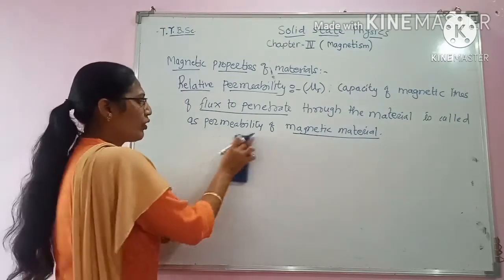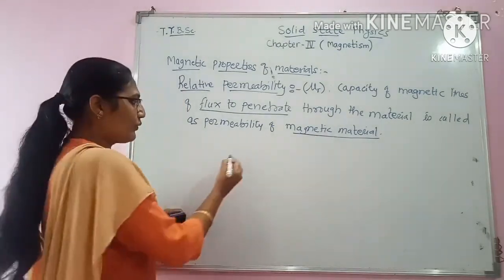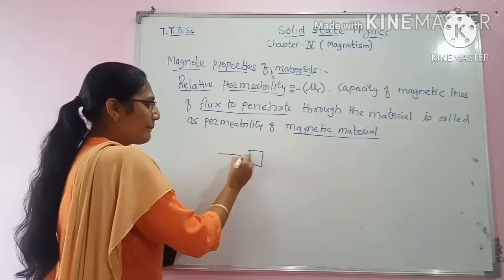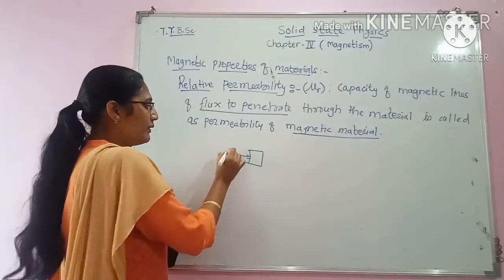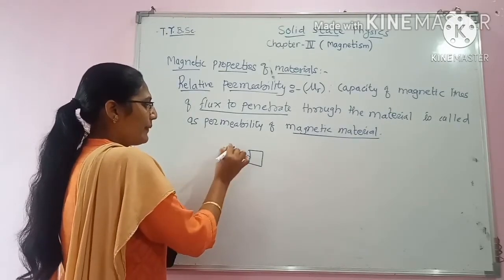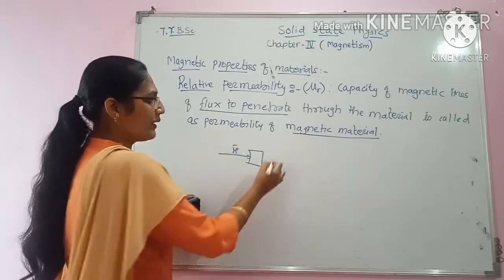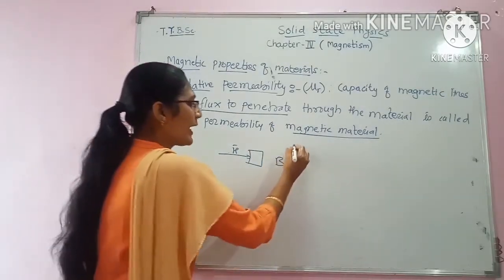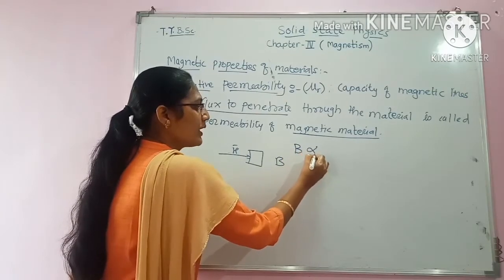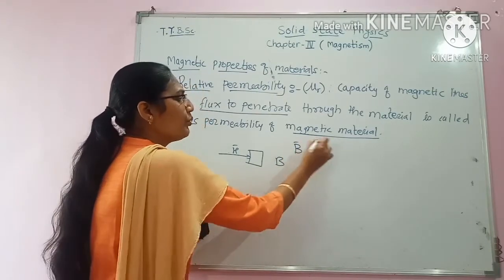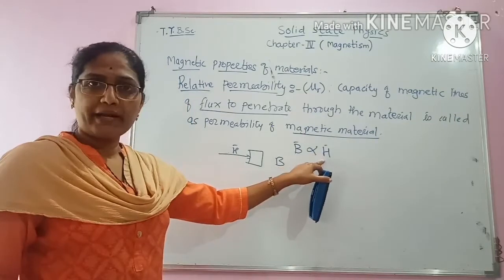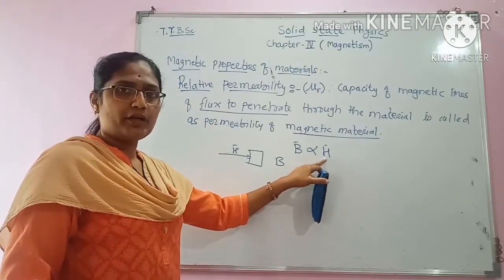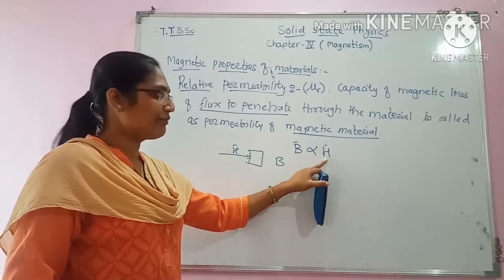Then what will be the formula of mu? When we take a magnetic substance and apply a magnetic field H to it, there is production of magnetic induction B, and we know that magnetic induction is directly proportional to the applied magnetic field.